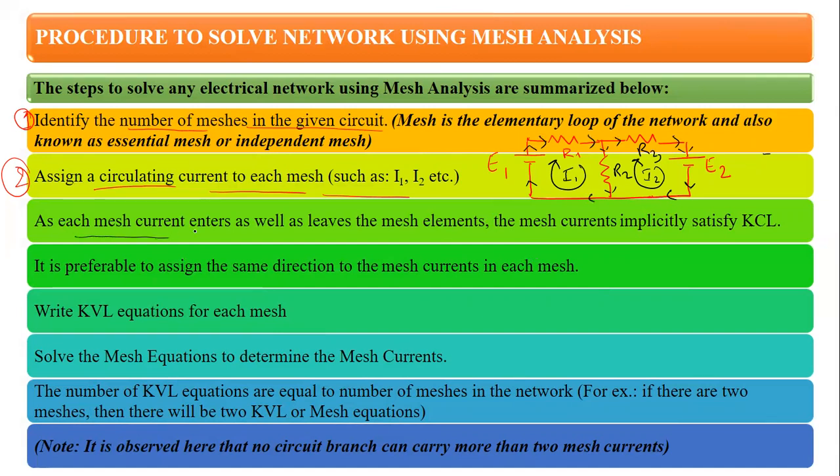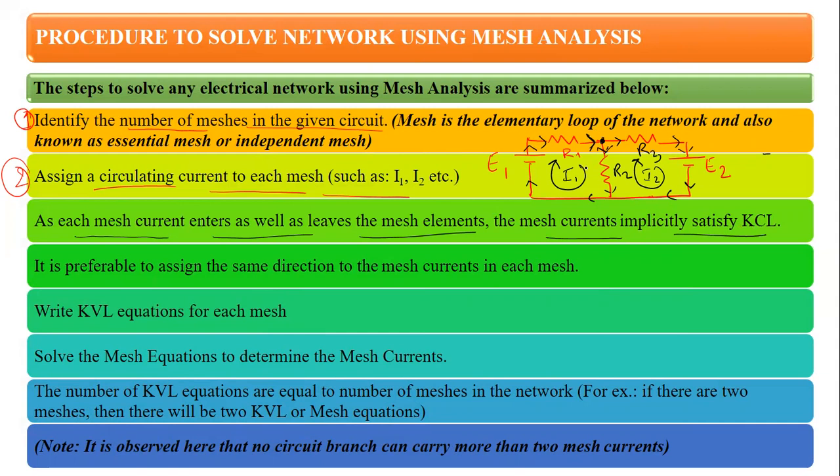As each mesh current enters as well as leaves the mesh elements, the mesh currents implicitly satisfy KCL. Now, what does it mean? It means that whatever current is entering at this particular junction is either divided into two parts, or some currents are coming at this junction and some currents are leaving at this junction.